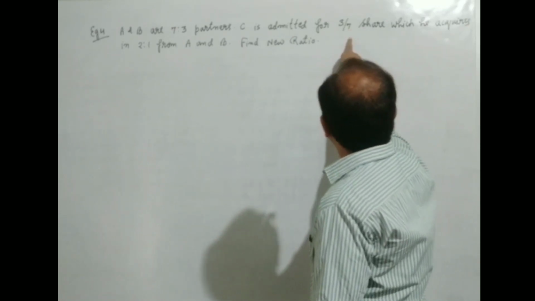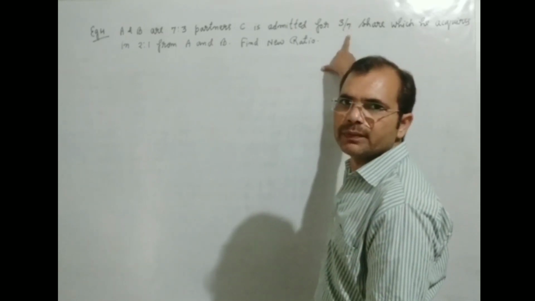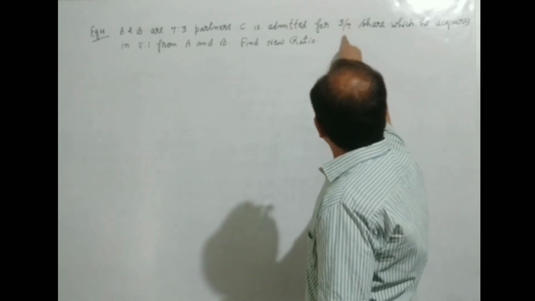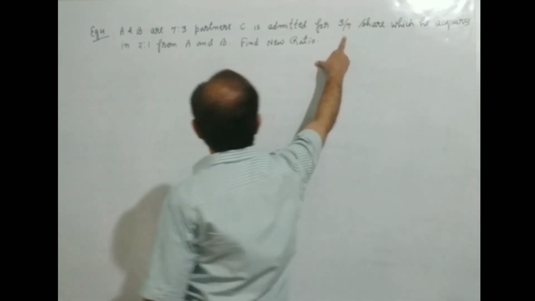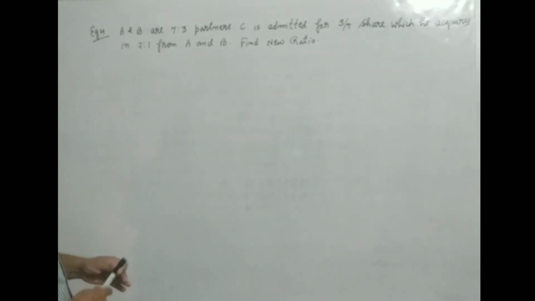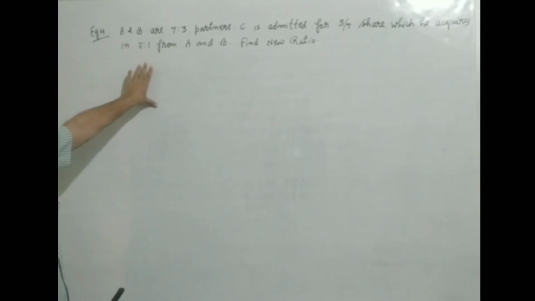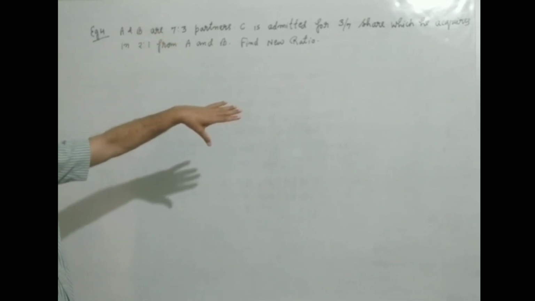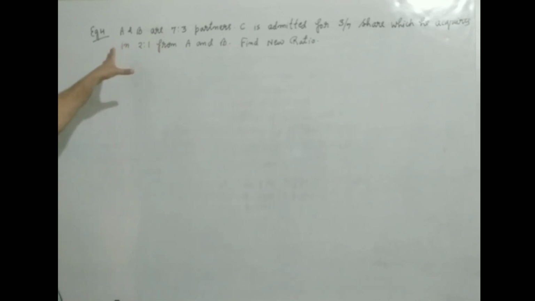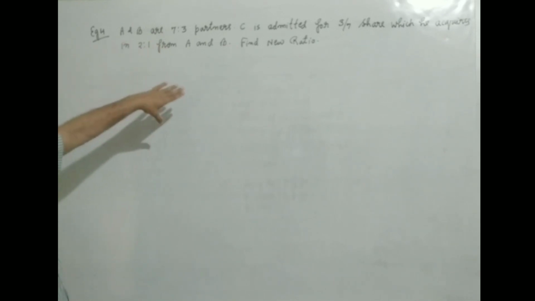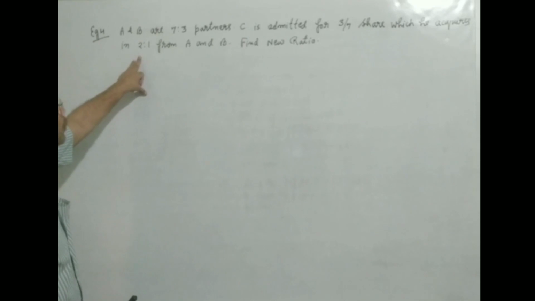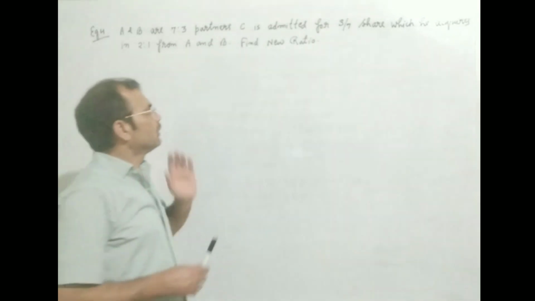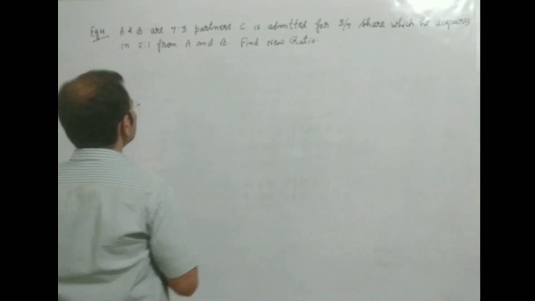He will take the 3/7 part of the profit, and when C needs 3/7 part, who will sacrifice? A and B will sacrifice to complete 3/7 share of C. So they will contribute in the ratio 2:1. This is the problem. Now let's see how we will solve this question.